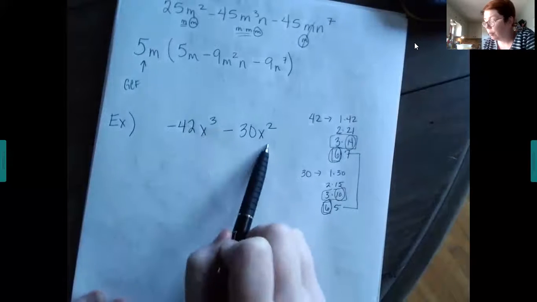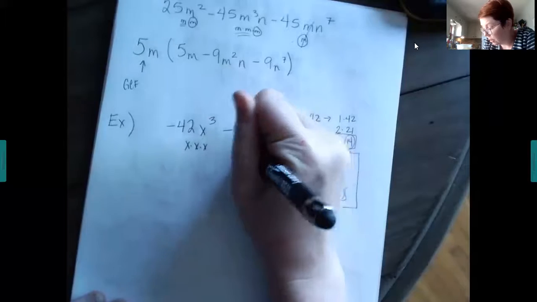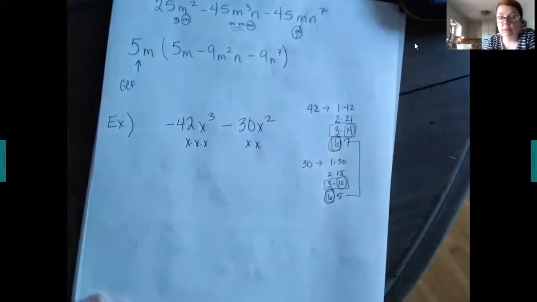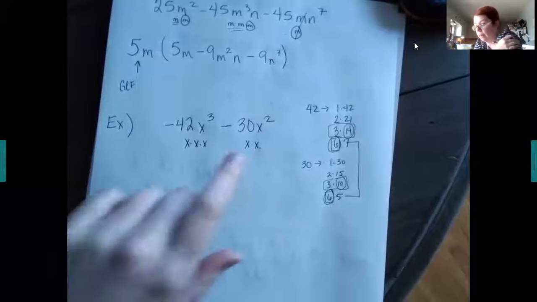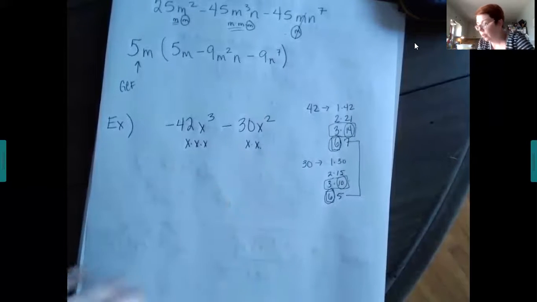And then variable-wise, again, this has 3 x's to give. This has 2. So we can only take out x squared, or 2 x's. So it's not wrong if we do this.